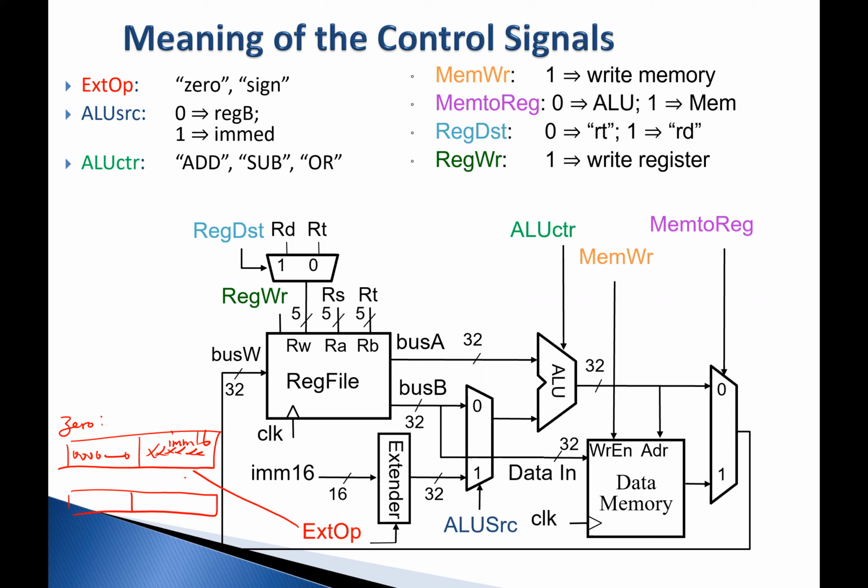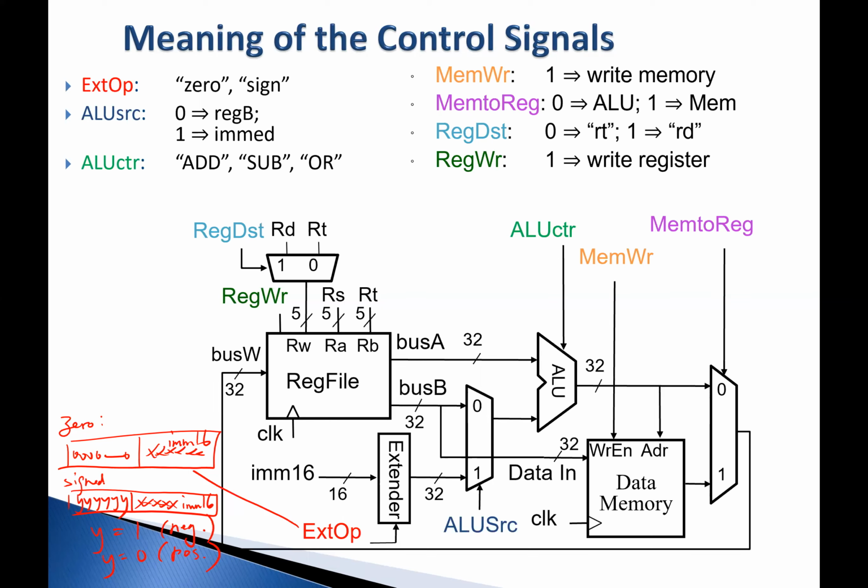If you have sign, you have either, where y equals 1 when it is negative, y equals 0 when it is positive. Okay, so this is sign extension.